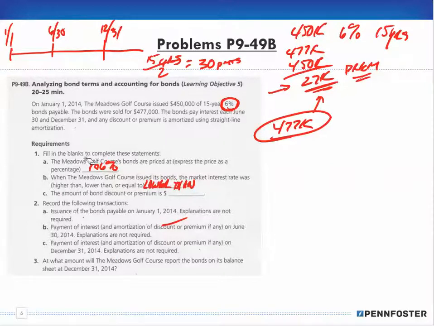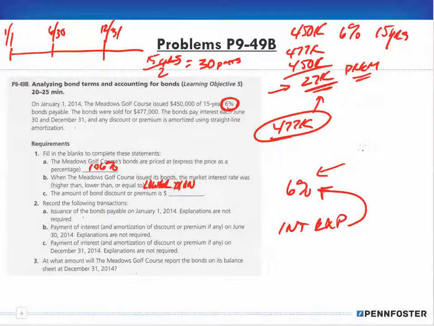So in B, we're going to do the math for this particular bond, but realize that we're calculating the interest expense at 6%, that's what's being paid on the coupon. But because of the premium, we're taking away the amortization of this premium.